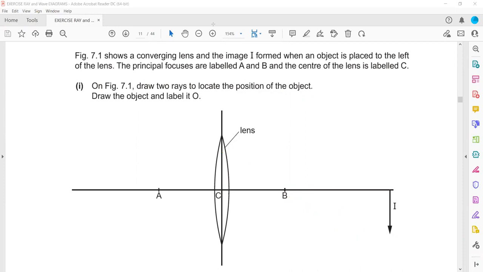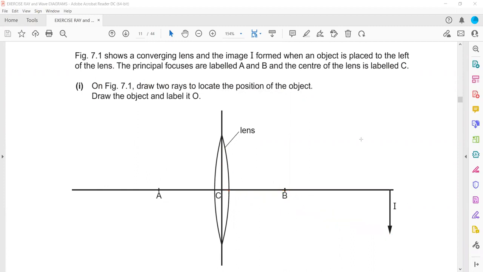So if we relocate, one of the light rays is passing through the focus, and one of the light rays passing through the center of the lens will pass straight. So these are the two light rays. So how to locate the object? We just produce them, because if it is parallel, it passes through the focus.